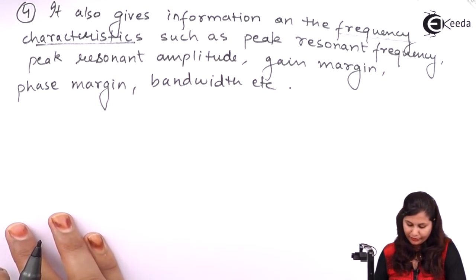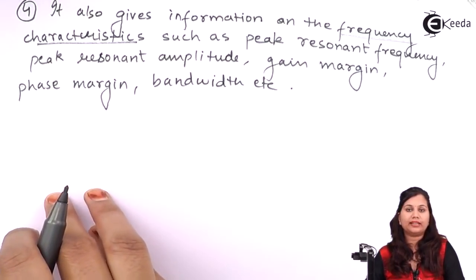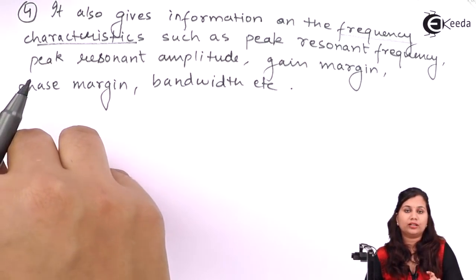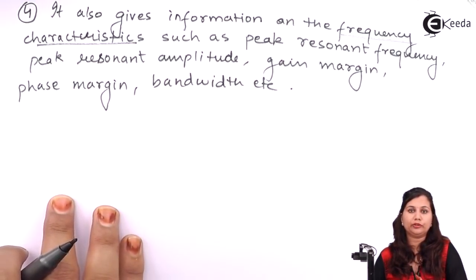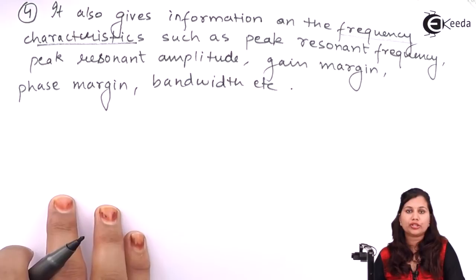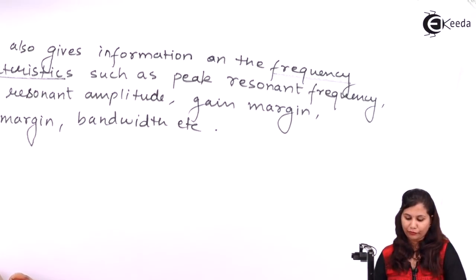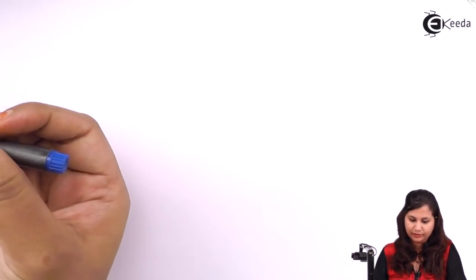Whenever you face any question, let's compare the transfer function with these transfer functions, and you will be able to get what the shape of the Nyquist plot will be for such systems. So let us see some of the important Nyquist plots of the commonly encountered transfer functions.